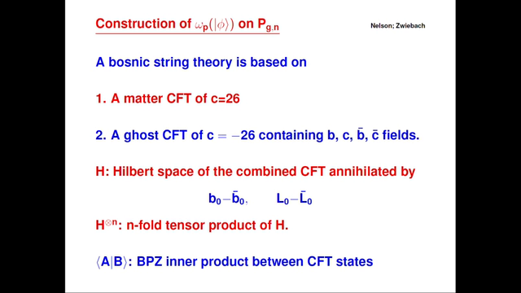When we talk about off-shell string states, we will relax the constraint of BRST invariance, the constraint that they are primary operators, that they have dimension 0, etc. However, we will keep the constraints that they must be annihilated by L0 minus L0 bar and also by b0 minus b0 bar. As it turns out, this is sufficient for our purpose. We do not need more general off-shell configurations than this one.